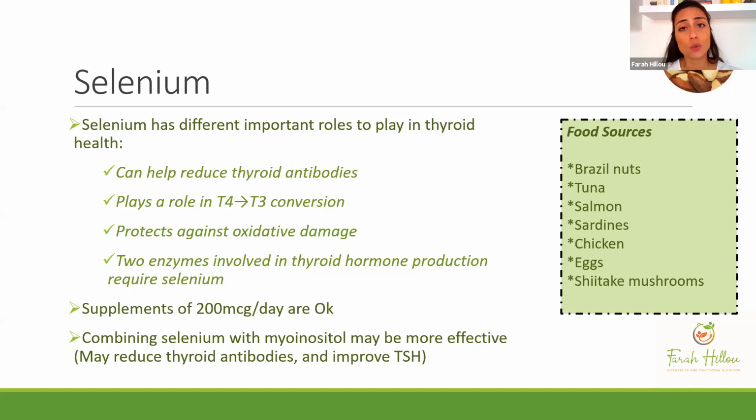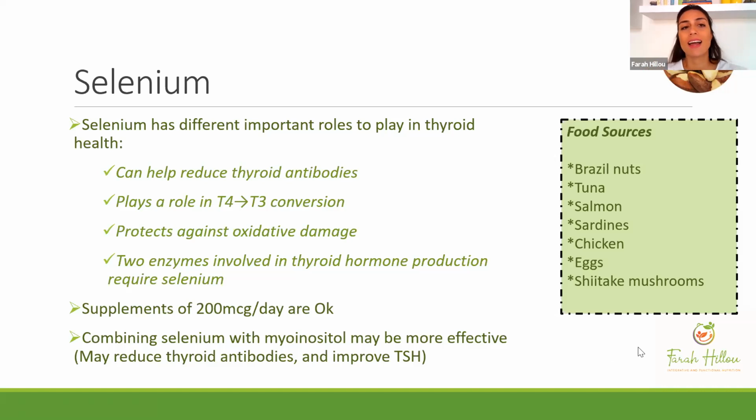Now, it's not unusual that individuals with thyroid autoimmunity consume selenium supplements. But again, you can take too much and toxicity can occur. So about 200 micrograms of selenium should be okay. And then you can also find selenium in some foods.